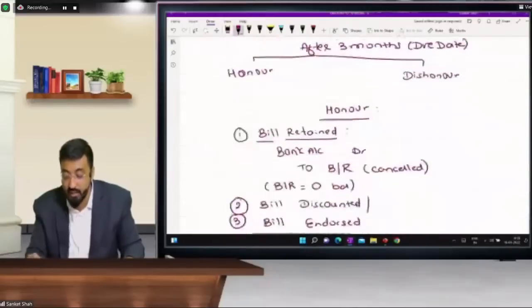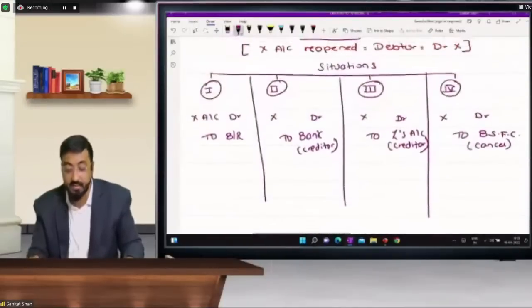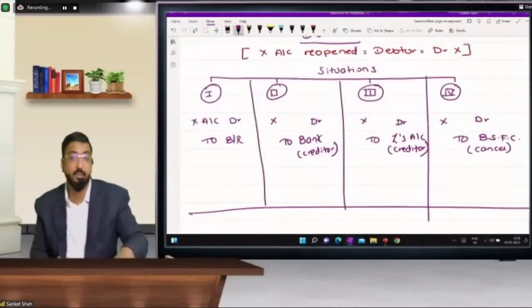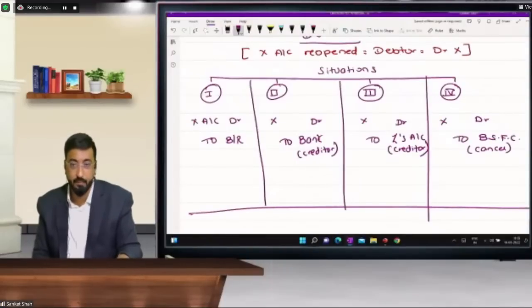So you can see here that the balance is getting cancelled. Now you can visualize this. In all cases, X account is debited. To bills receivable, to bank, to Z, to bills sent for collection.